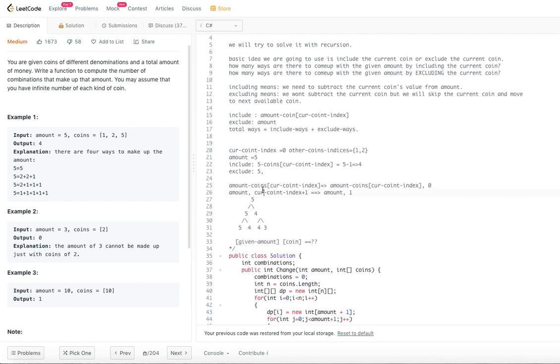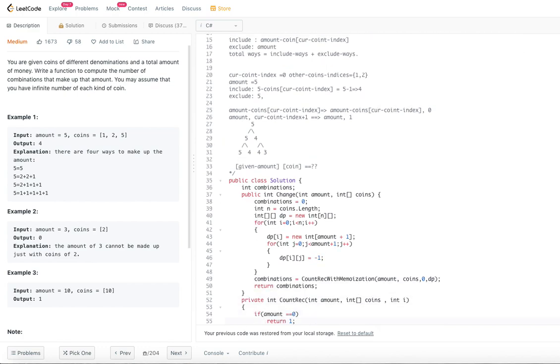Let's go and look at the code, and it exactly follows the approach that we just discussed. We have initialized combinations equal to 0, and n is the coins' length. We are given the amount, and I am declaring an array which will be n by amount plus 1.